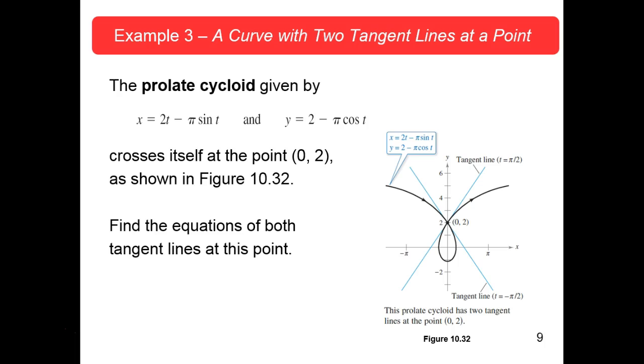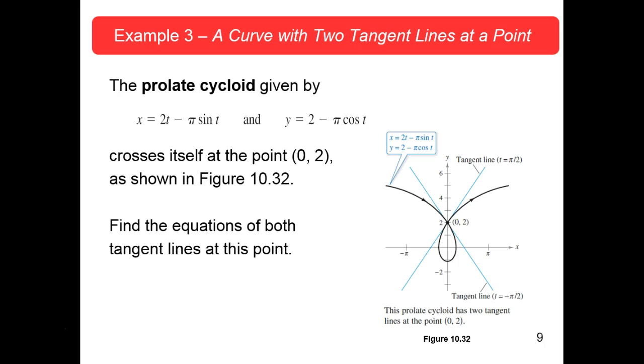I want t a little bit less than 0. What's the t on this side? Yes, negative pi halves, right? Cosine of negative pi halves is also 0. So this, I think, is that. All right, so now we got t equal positive pi halves, t is equal to negative pi halves. So that's what we're going to plug in here.